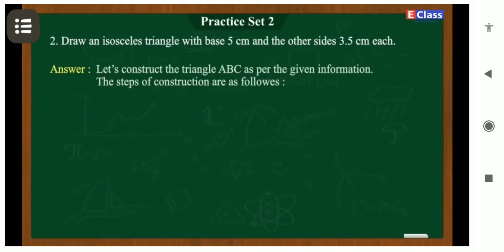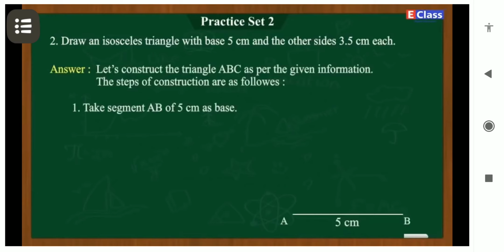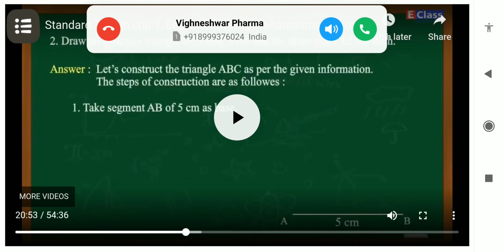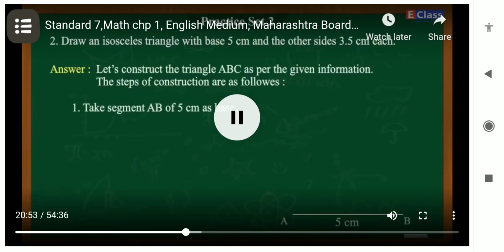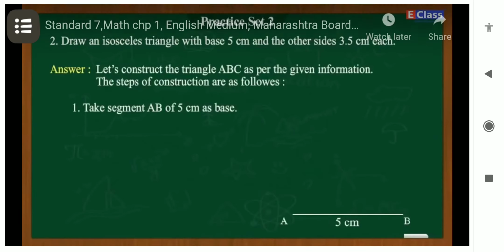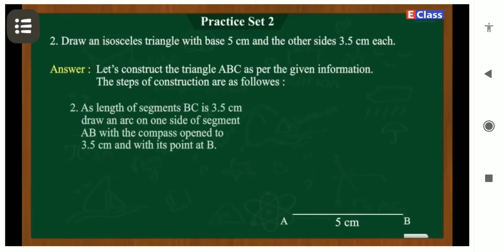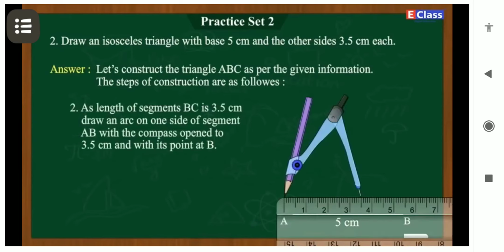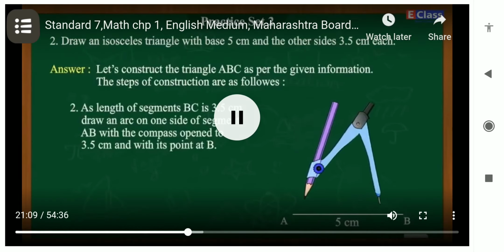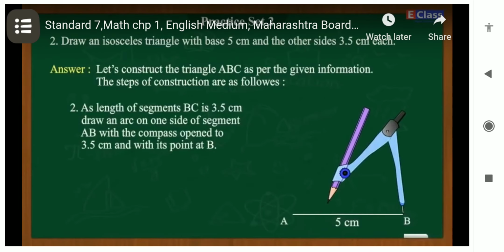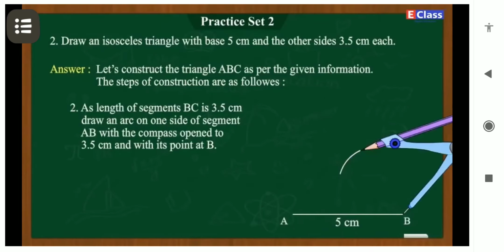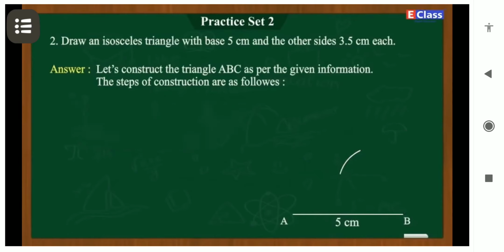The steps of construction are as follows. 1. Take segment AB of 5 centimeters as base. 2. As length of segment BC is 3.5 centimeters, draw an arc on one side of segment AB with the compass opened to 3.5 centimeters and with its point at B. 3.